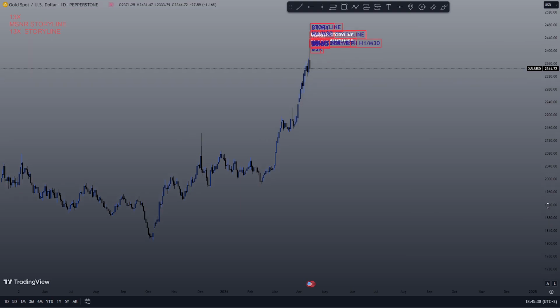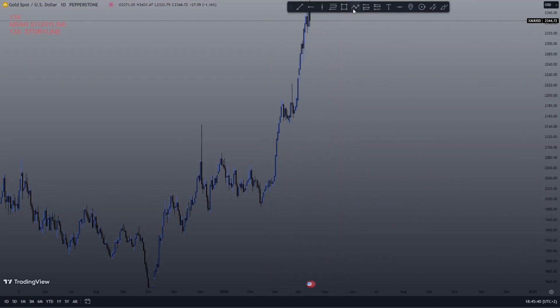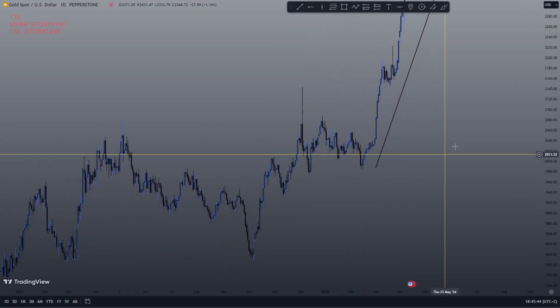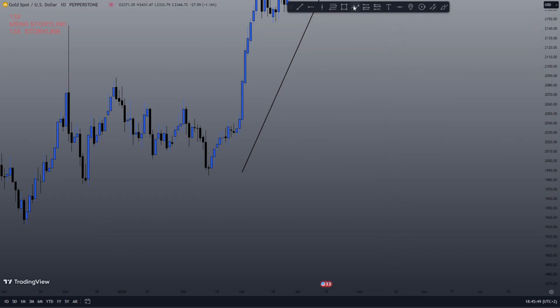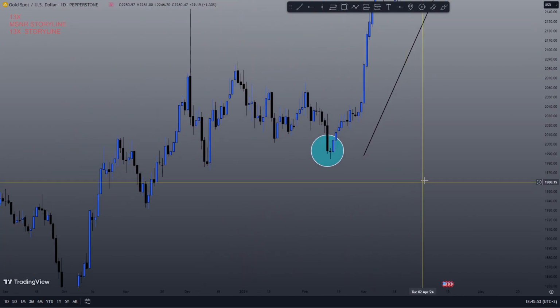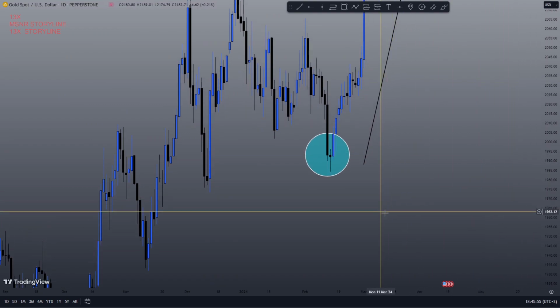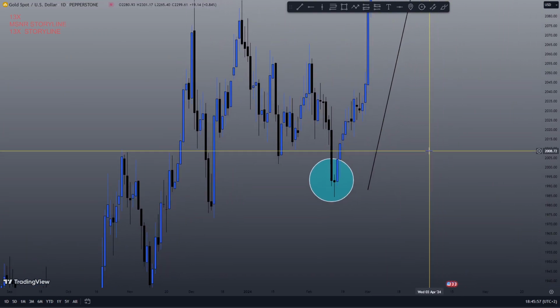So for example, there is a big move here, here. Where did it start? This move was started here. What is the reason of these big moves?